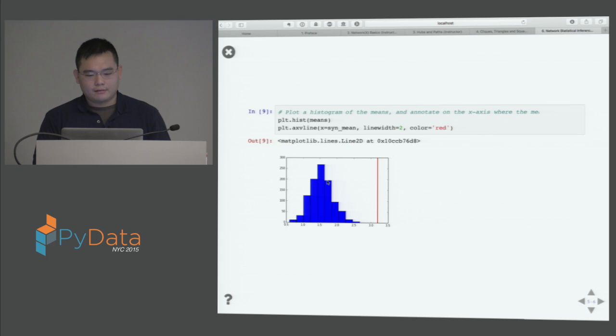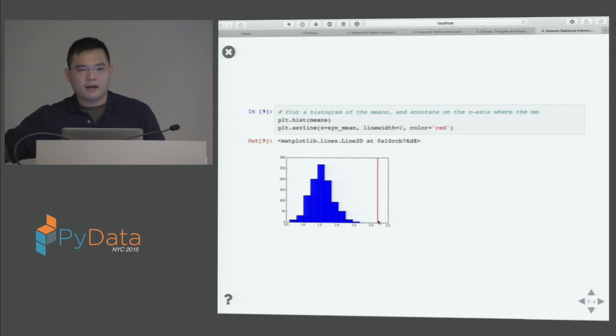If we plot that, you'll get something like that. And if you plot where the synthetic network existed, it's way out here. So just visually, it's quite likely that we don't have this network coming from an n equals 30, p equals 0.05, right?